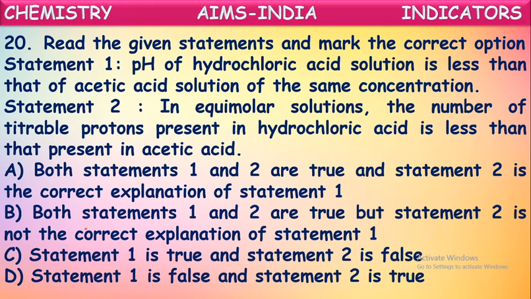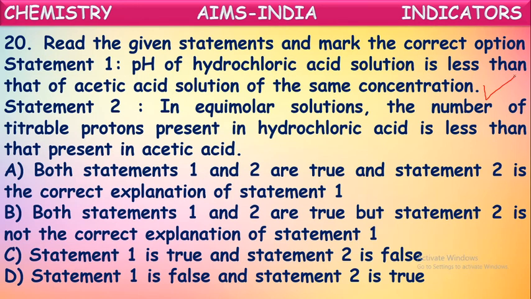We told this in the pH scale: as the pH value decreases from 7 to 0, acidic strength increases. Hydrochloric acid is one of the strong acids, whereas acetic acid is one of the weak acids. So strong acids have lower pH values than weak acids. So the pH value of hydrochloric acid is less than that of acetic acid.